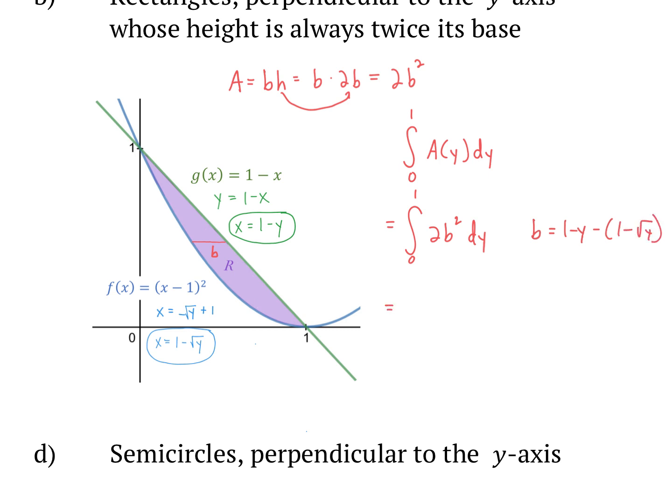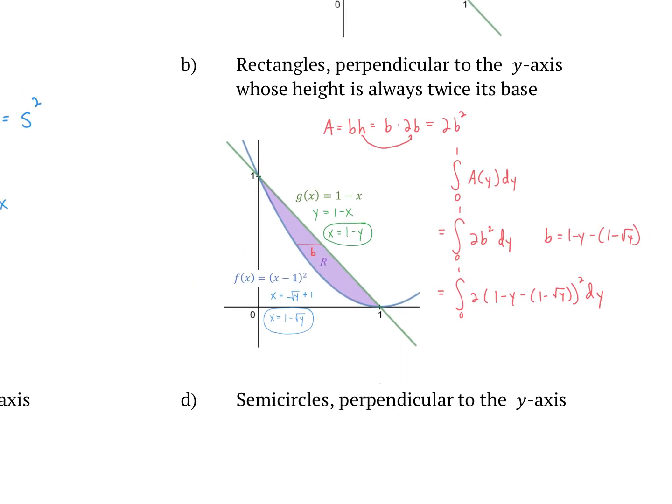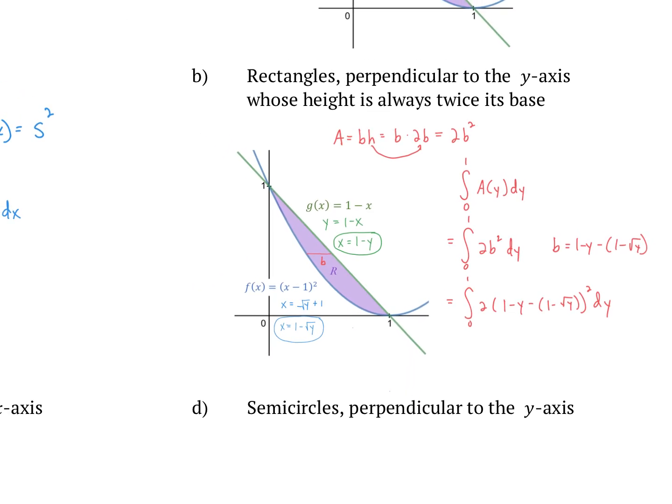And that's it. And then you just substitute it in, instead of 2b squared, it'll be 2 times 1 minus y minus y squared dy. All right, and then again, we could evaluate that, but just for the sake of time, I'll skip that. So whatever that is, that would be the volume of this solid that they described.